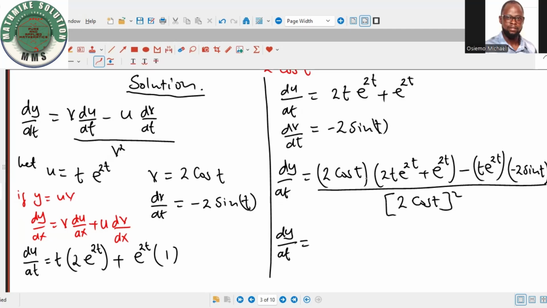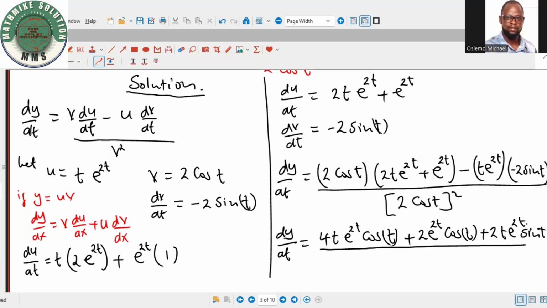So this is 2 cos t times this one, it would be 4 exponential 2t cos t, then plus 2 exponential 2t cos t, minus, now it won't be minus, now it will be positive because we have this negative and negative 2 sine. So this one means that it will be positive 2t exponential 2t sine t.